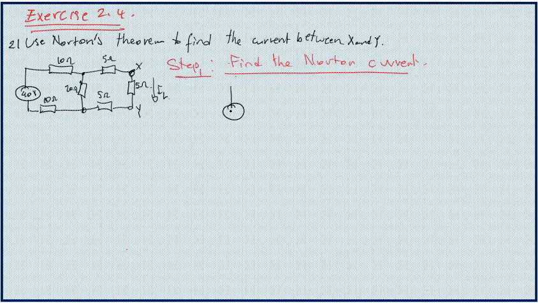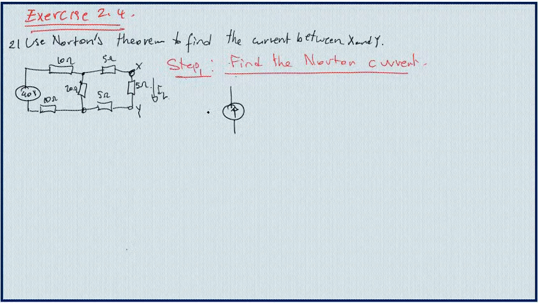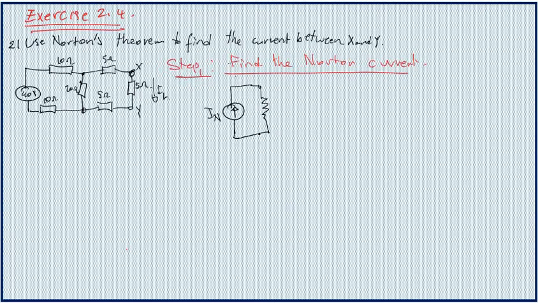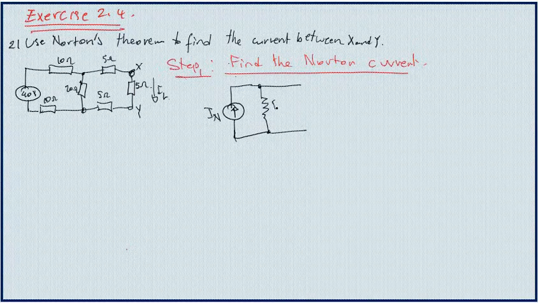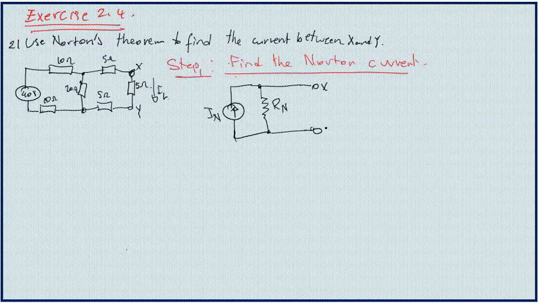So we have the source of current, which is called Norton current, which is in parallel with a resistor. That is called Norton resistor. And then here we have the terminal x and y.